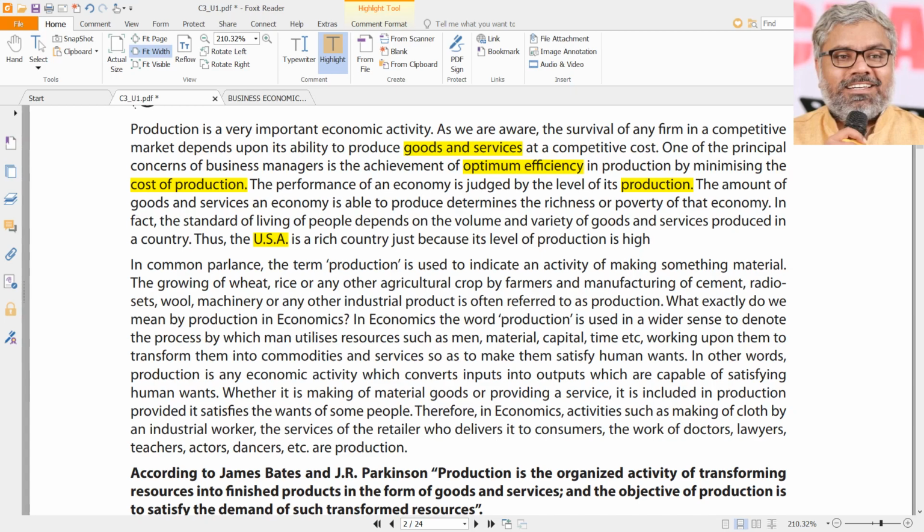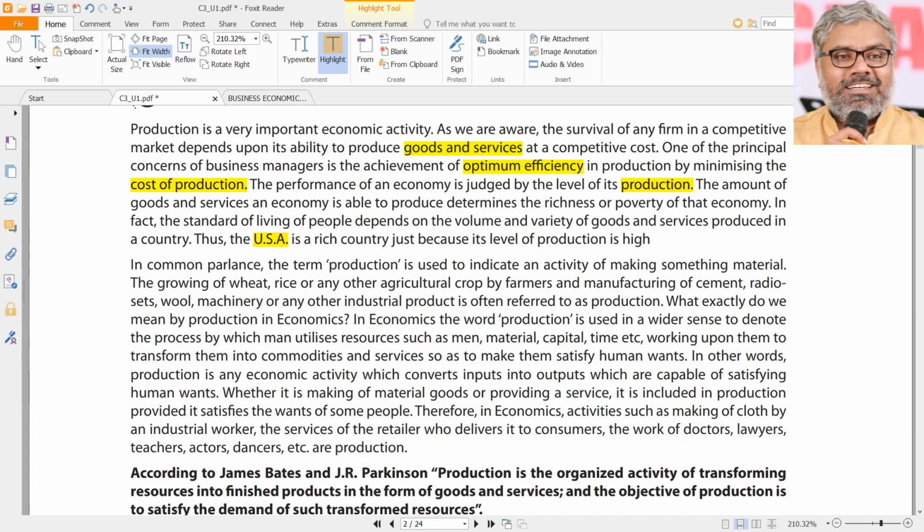Just because America has more rich people than India? No. It's not about the people there. It's about the production, the value of the goods and services produced. That is what makes one country rich and one country poor.